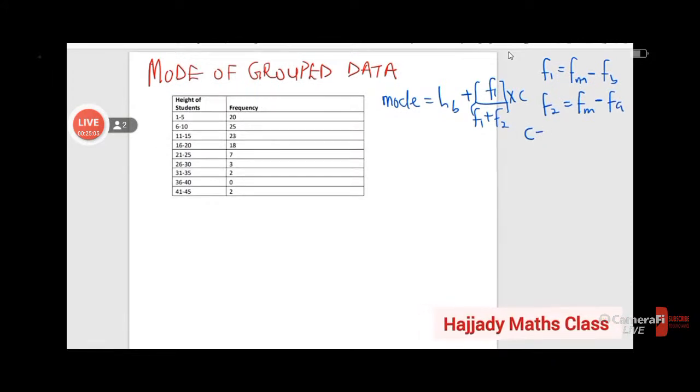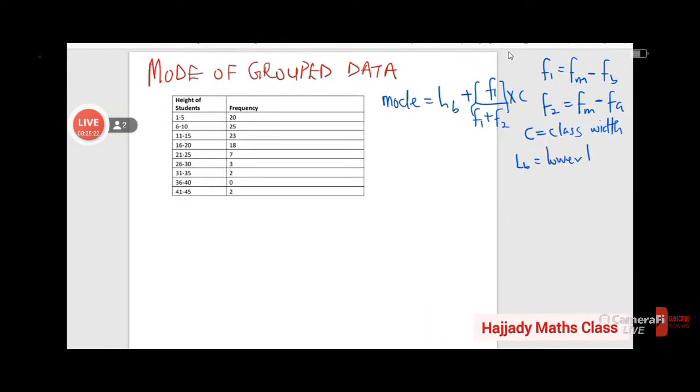C is the class width, which you can also call the class interval, that is the difference between the lower and the upper. LB is the lower boundary. These are the parameters that we have. Now we are going to use this to compute the information given to us.